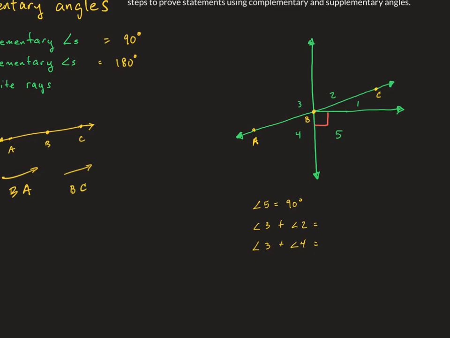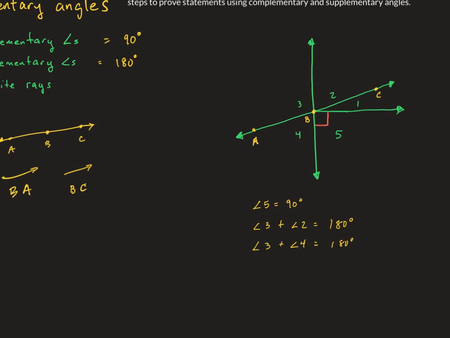So we should be able to say that angle 3 plus angle 2 is equal to 180 degrees. And by the same rationale, looking at angle 3 and angle 4, straight angle, opposite rays, these two angles together are also equal to 180 degrees.